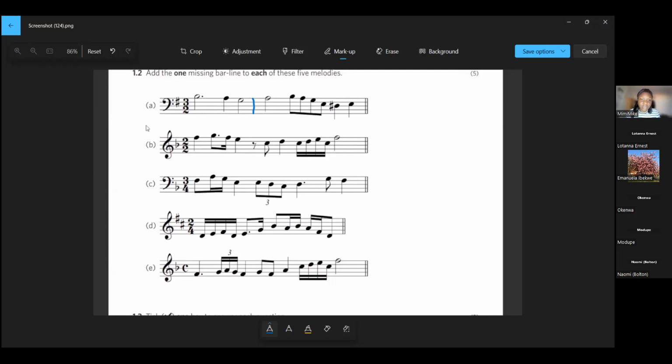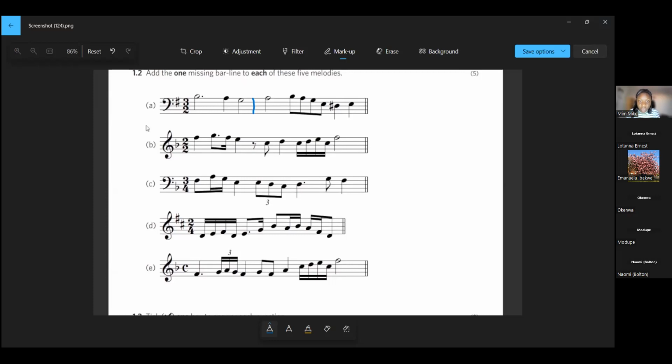Okay, so for the B, we have 2-2. We are looking at 2 minims in a bar, and we can also say 4 crotchets in a bar. So yeah, we have 1 crotchet, a dotted quaver, and a semiquaver, which equals a crotchet, right? And then we have another crotchet here.